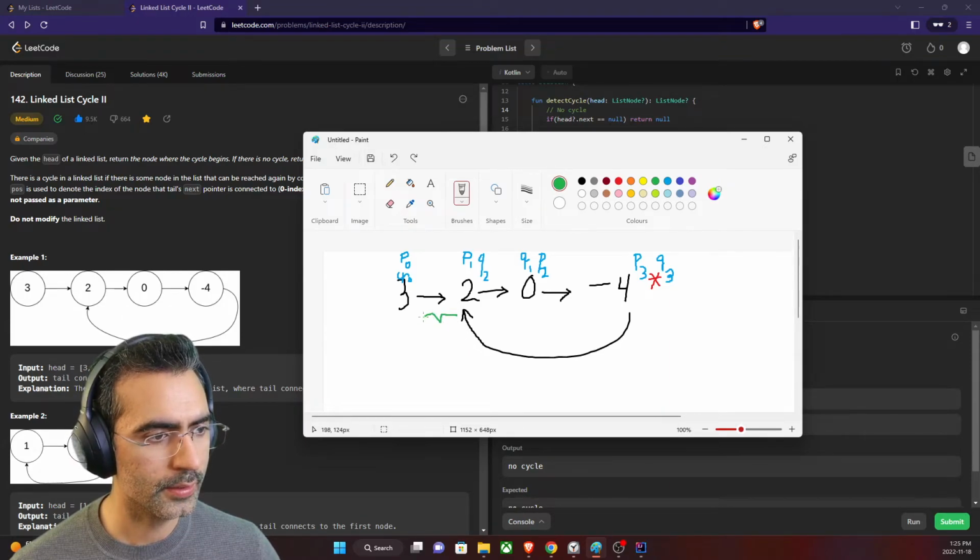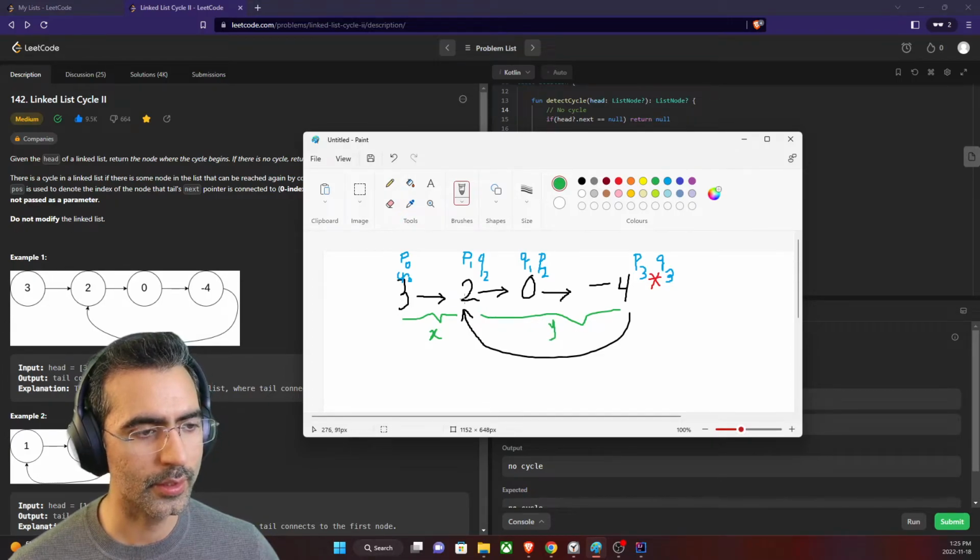If we call this X, and if we call this Y, so X is the length from the head all the way until where the cycle begins.